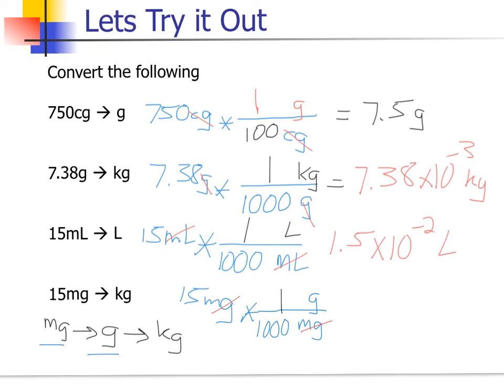Now we have a very interesting question: what do you do? Do you put that into your calculator and hit enter, and then go through the next conversion process, or do you tack on the next conversion, and that is from grams into kilograms?